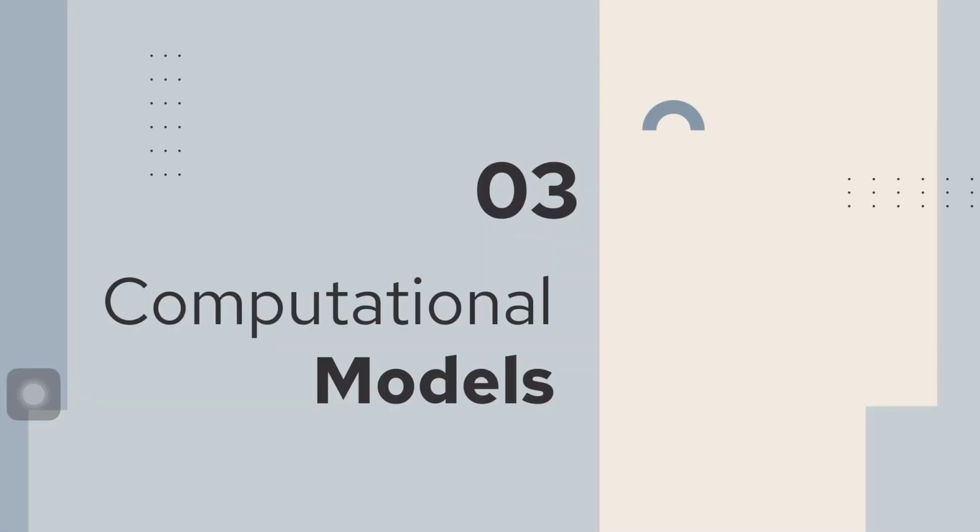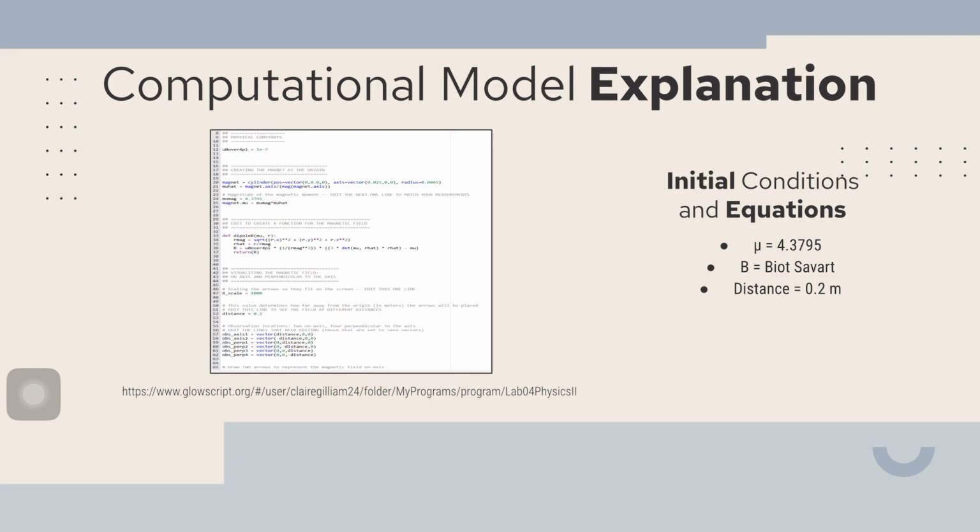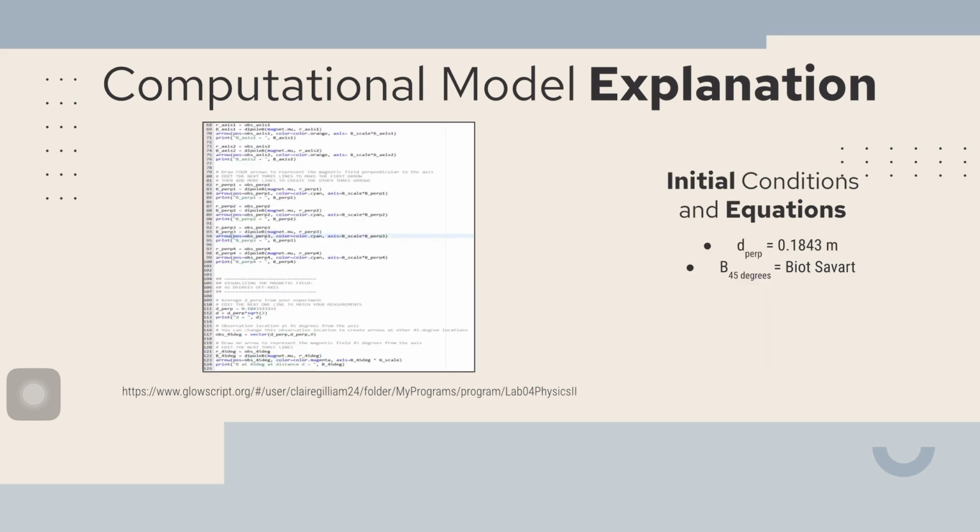Next, we have our computational model. So we plug in essentially everything we found previously in our observation. We use a function to find using the Biot-Savart law, and then we plug in our distance as just 0.2 so we can have a better viewing, and our scale is 1000, and then we plug in for each axis the distance away from the magnet, as well as we plug in the magnetic moment, or mu, that we found previously.